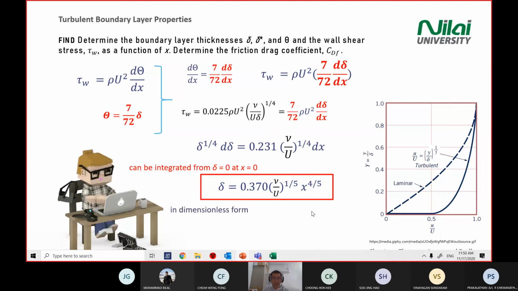This equation is a dimensionless form for our thickness.